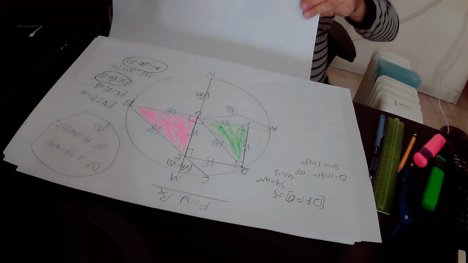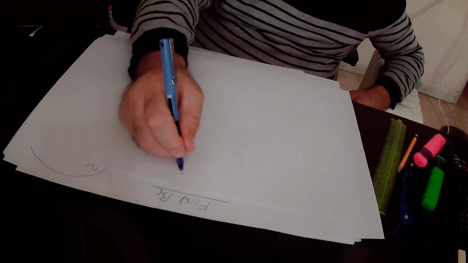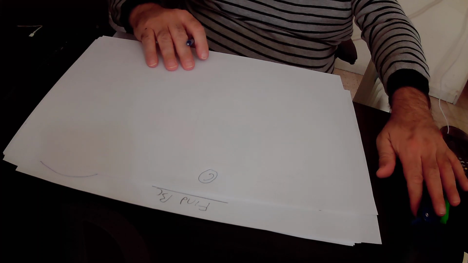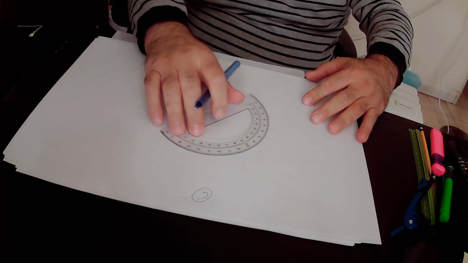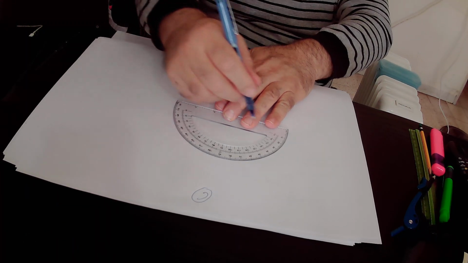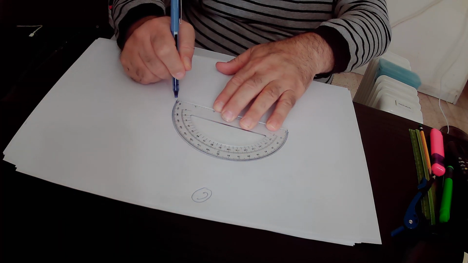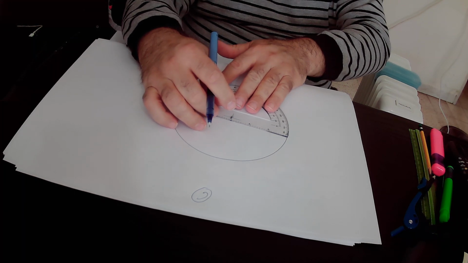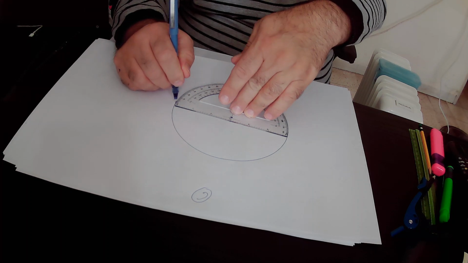So here we have now a specific circle. We have two chords that intersect with each other.